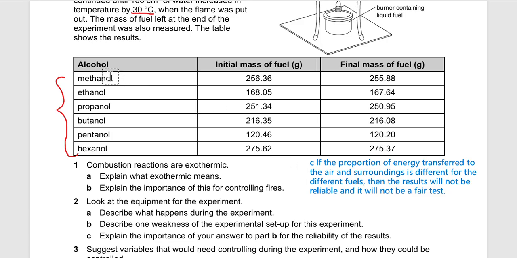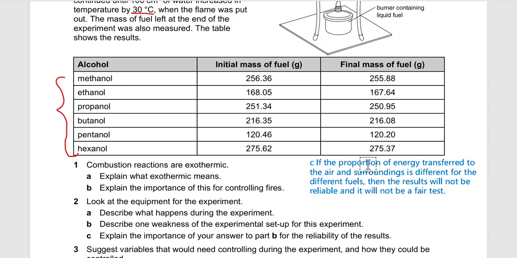Now we know there are 6 types of alcohols used. So we don't know here what type of energy is exactly released and how much energy will be released to the air, maybe as gases, right? So we have no idea what is exactly being released from here and the quantity of energy released.